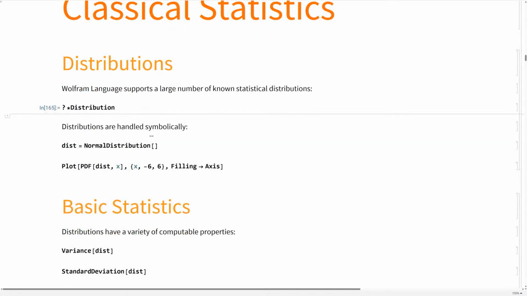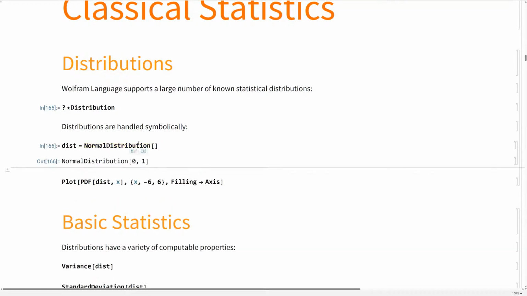Distributions are handled symbolically, which means that every distribution will have a head, like NormalDistribution, and then it will have some arguments right here. So let's look at this. For this specific normal distribution, if I'm not specifying anything, it defaults to this.